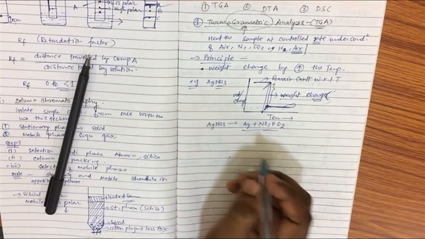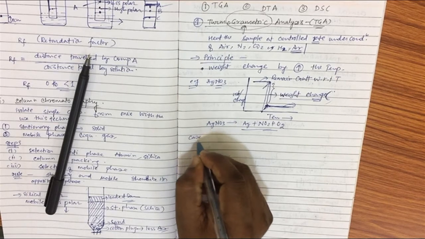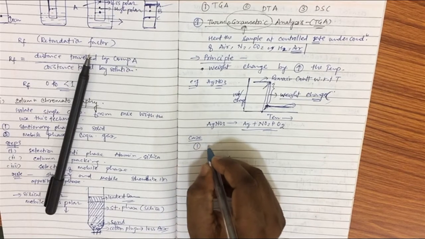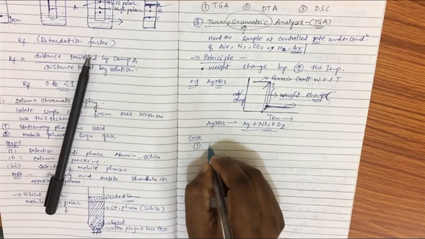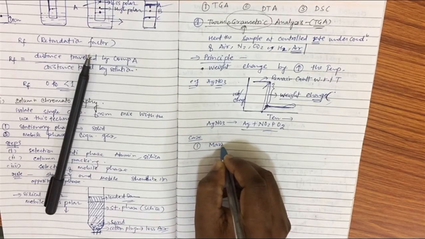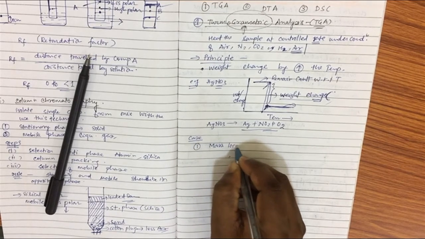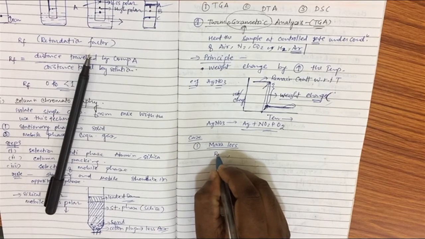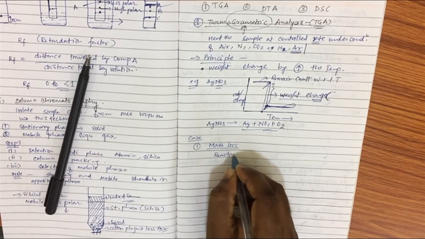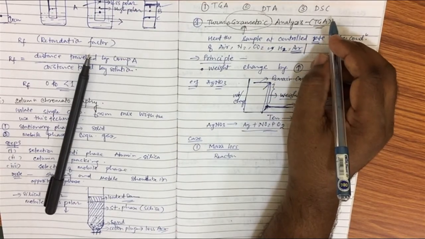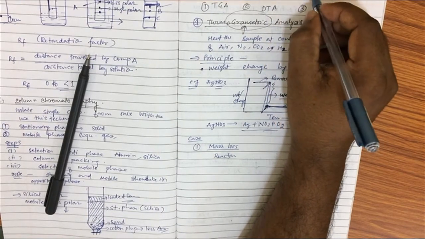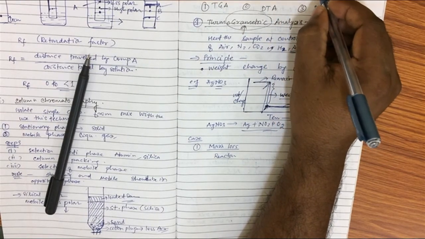So there are two cases. Case first, when there is mass loss, what will happen? One more condition you have to add: the sample you should take in solid form.